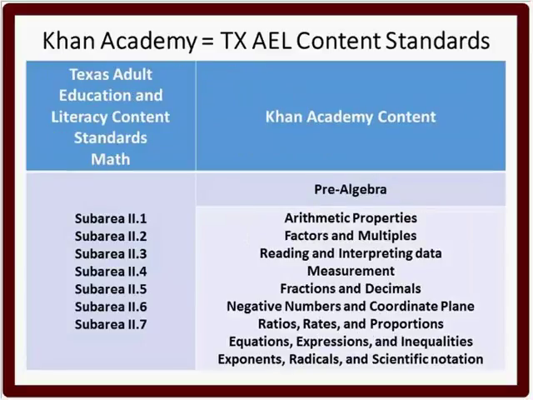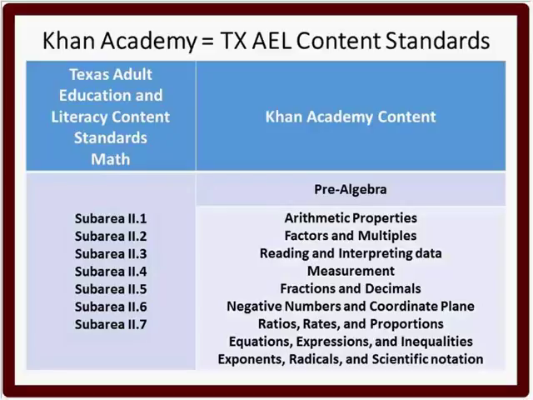Now, the last example is to look at all the sub-areas of the math content standards that the pre-algebra of Khan Academy covers. The content covers one or more of the content standards and benchmarks, like sub-area 2.1 all the way to 2.7.